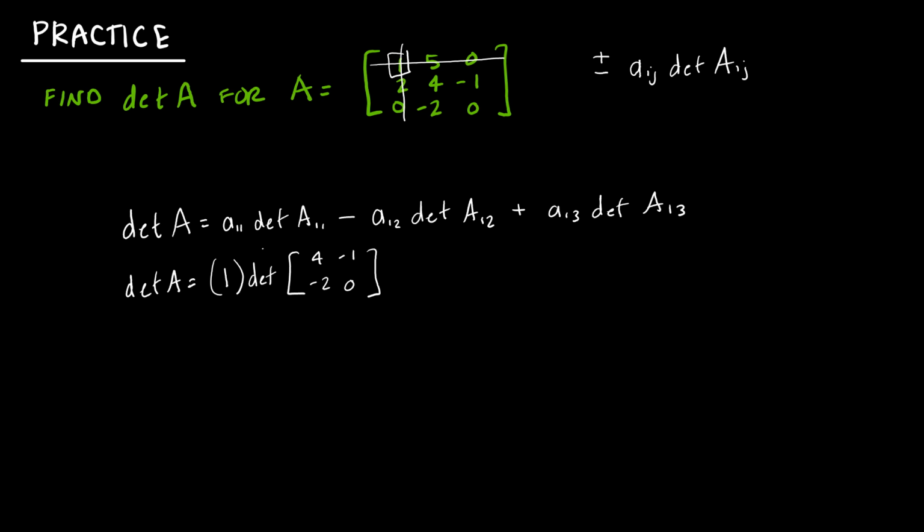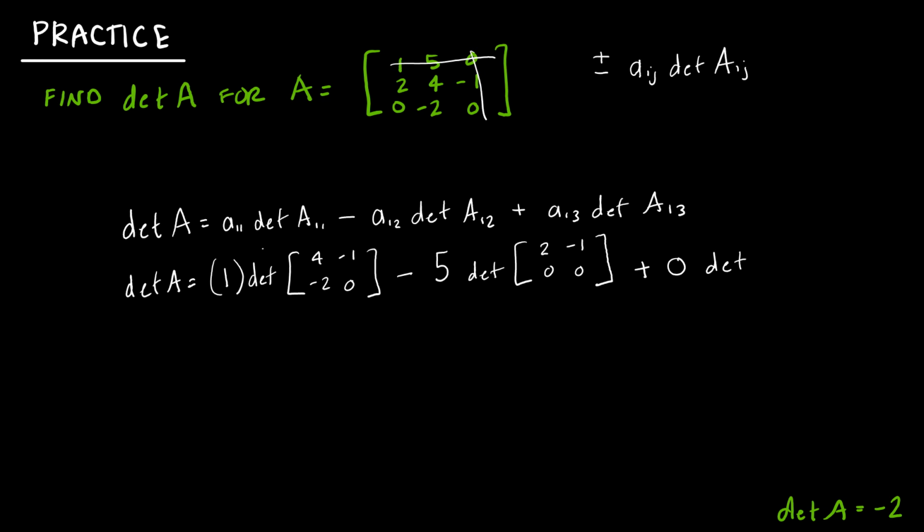So it's 1 times the determinant, and then minus A12, which is first row, second column, so that's 5. And then the determinant of, taking out that row and that column, that leaves me 2, -1, 0, 0. And then I'm going to add A13, which is 0, and then determinant of 2, 4, 0, -2.